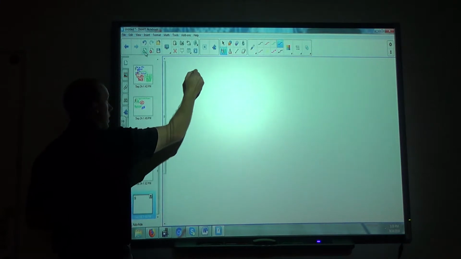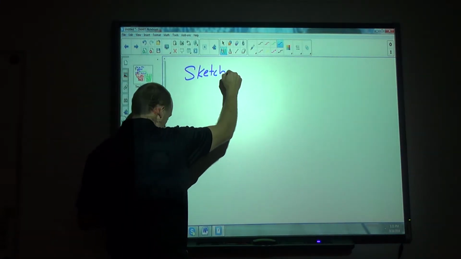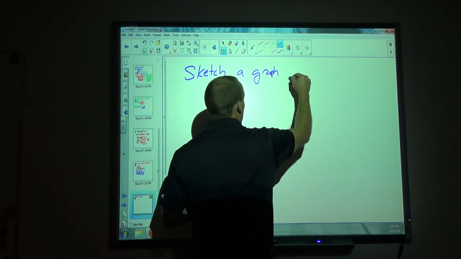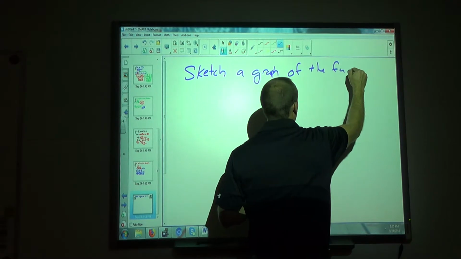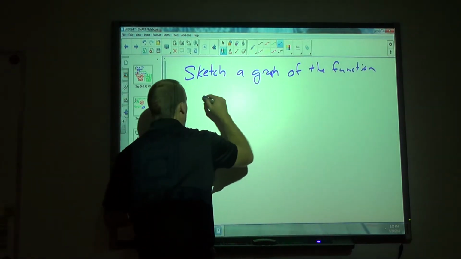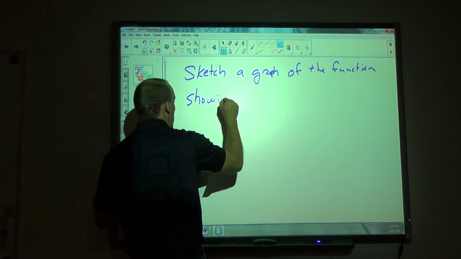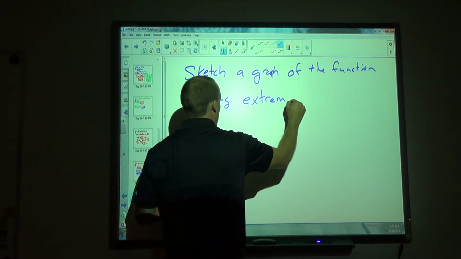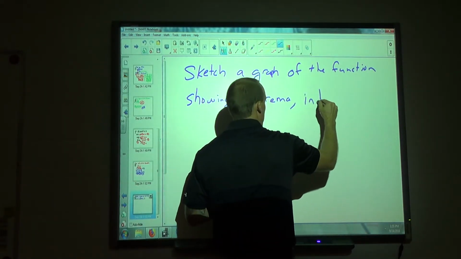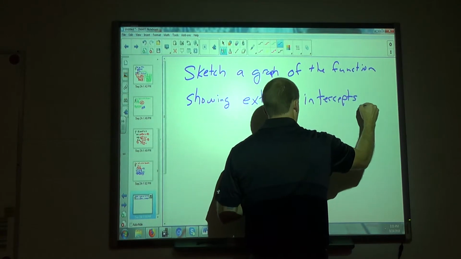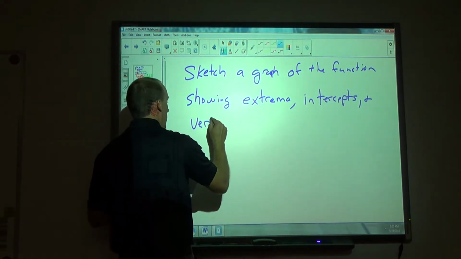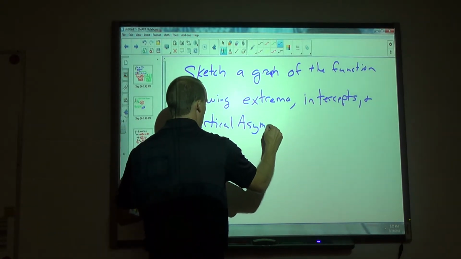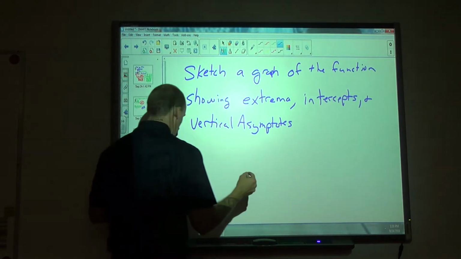Okay, next one here. Sketch a graph of the function showing extrema, intercepts and vertical asymptotes.